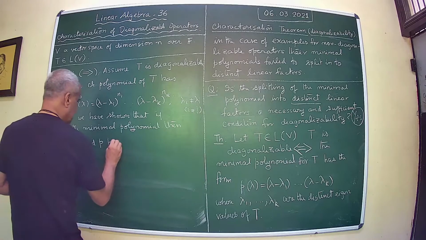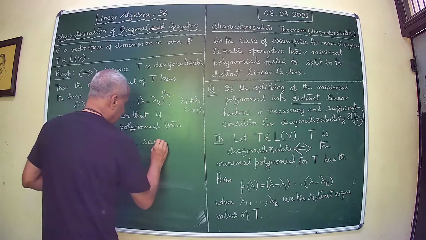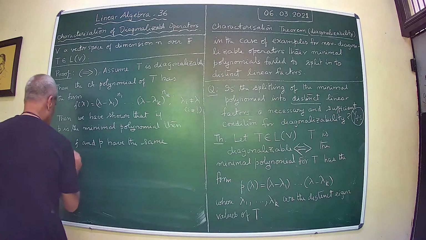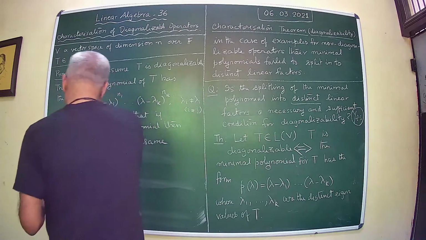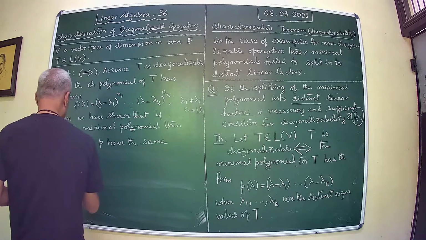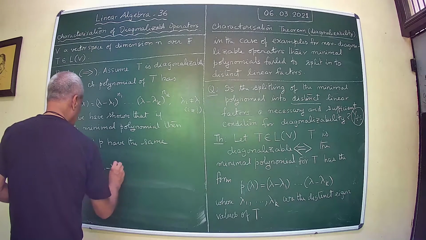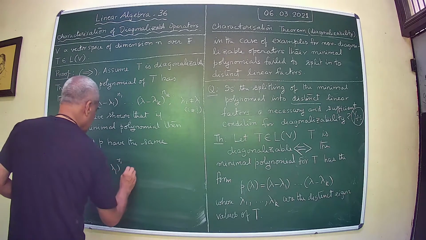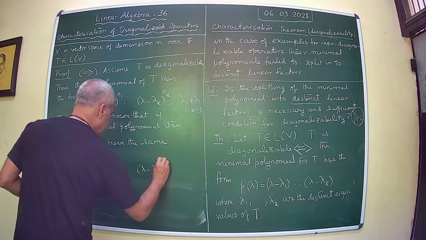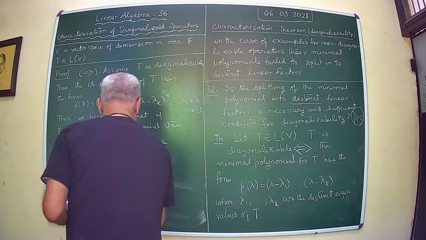We have the solution here, which implies P lambda is of the form, where 1.